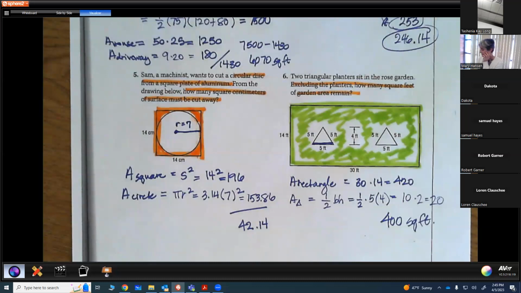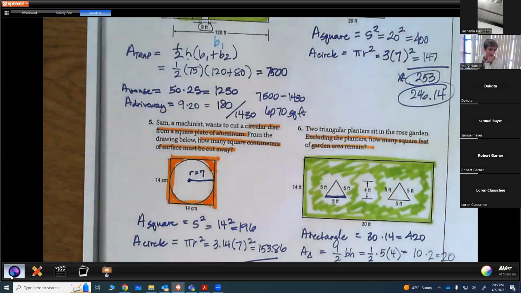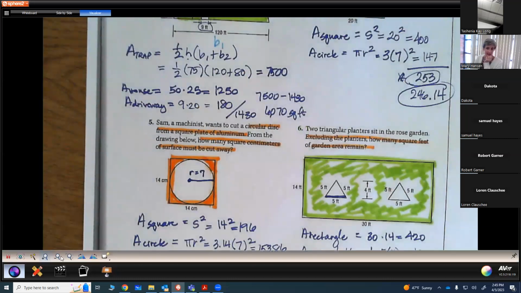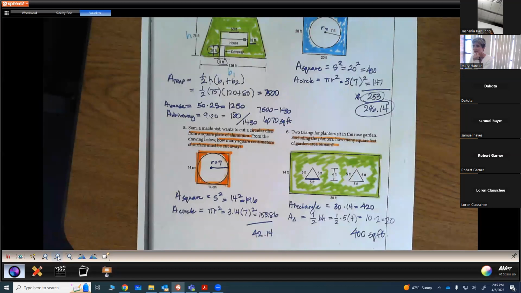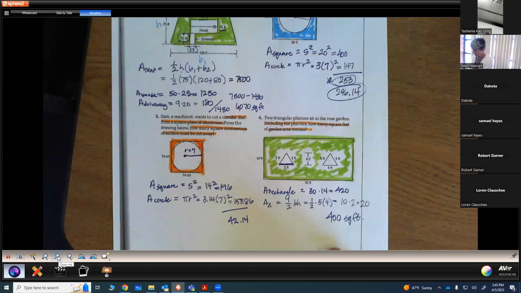All right. How are you feeling about these kinds of problems? Easy? Hard? Getting better? How did you get the 2 after you did the formula for the triangle?